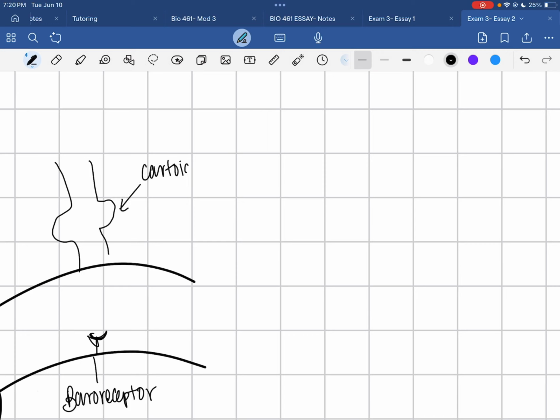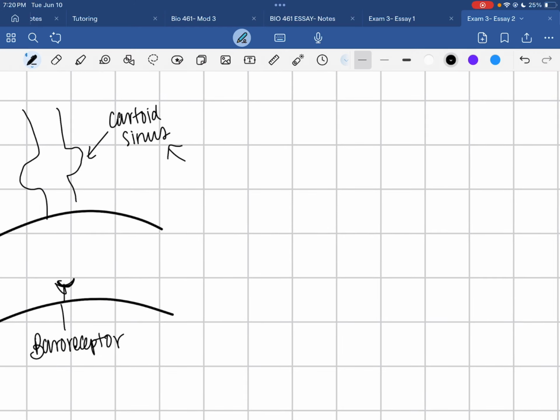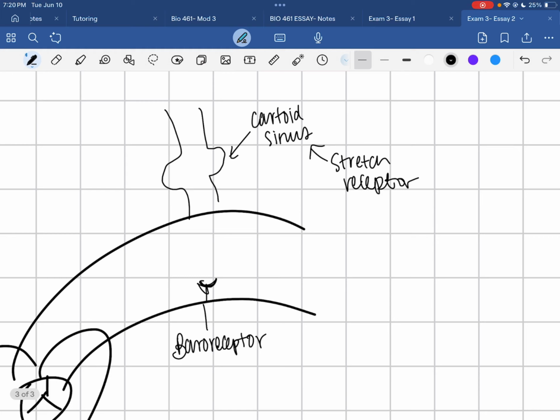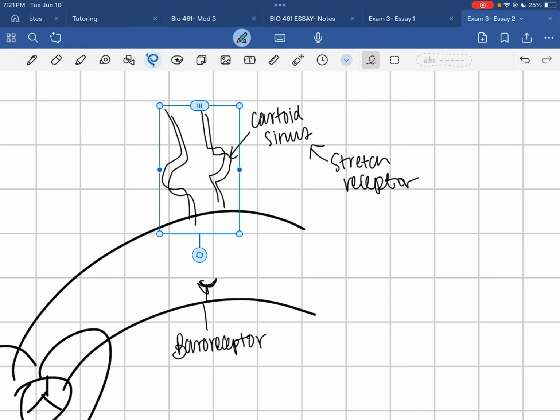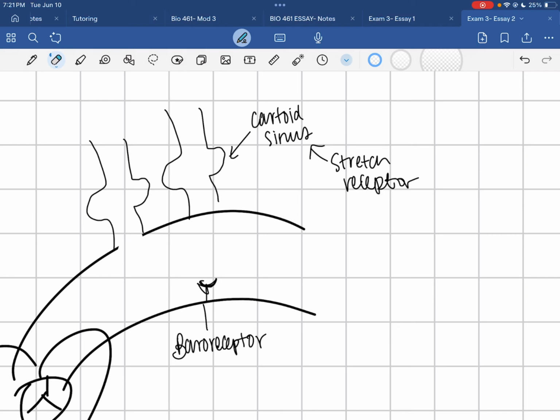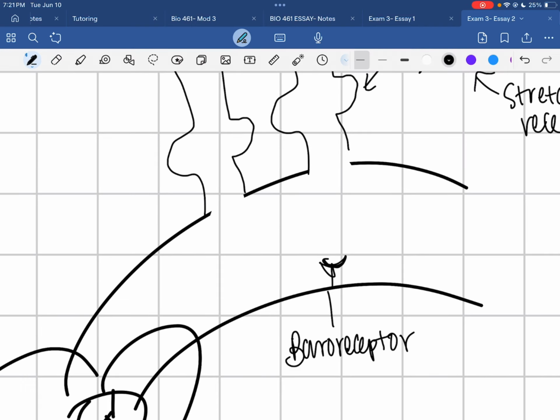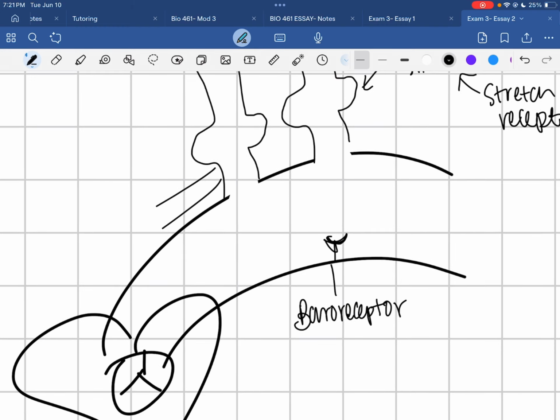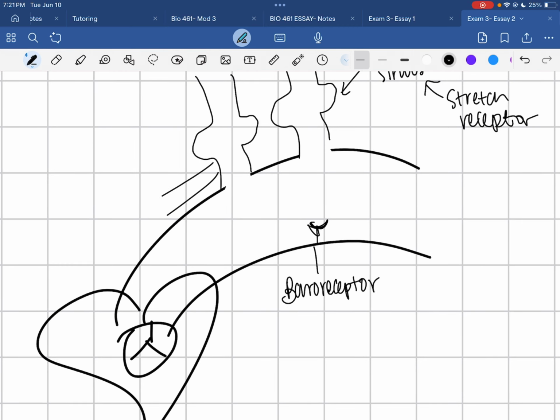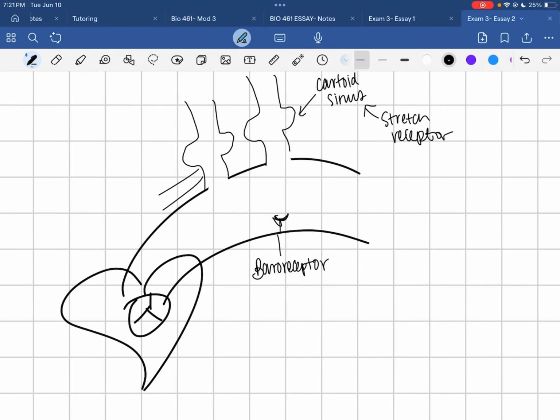Right here, let's say that this is our carotid sinus, which is basically where we sense stretch, and this would be our stretch receptor. We have actually 2 of these, so I'm going to duplicate this and move that here. Then this is going to go over to this area, which is going to go to our brainstem and the autonomic nervous system.